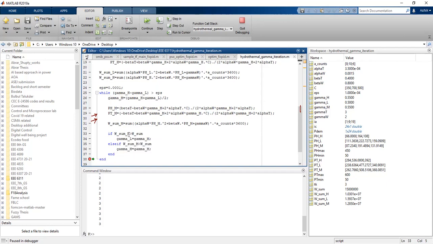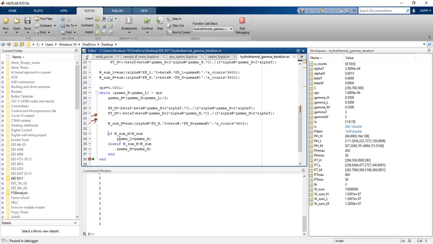If W sum M is greater than W sum, that is your given W, 1.5 10 to the power 7 meter cube, then you update your gamma L by this gamma M, which you calculated at the start of this iteration. So you update gamma L. Else, if your W sum M that you calculated here is less than W sum, then you update gamma H by the calculated gamma M.